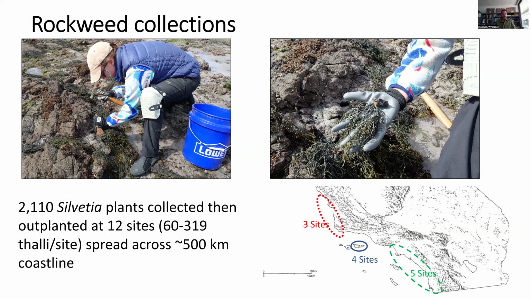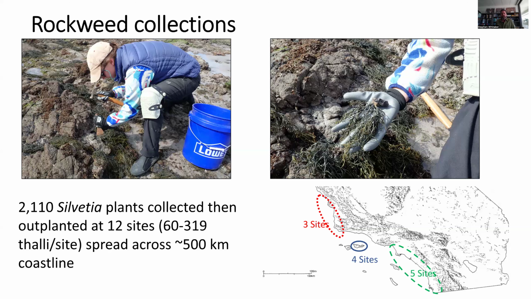So here you can see that we carefully removed each of the rockweed individuals with just simple hand tools. I had originally started using angle grinders and tools that will die if they hit salt water, and we found that actually if you have the right substrate that breaks easily, then a chisel and a hammer work just fine.